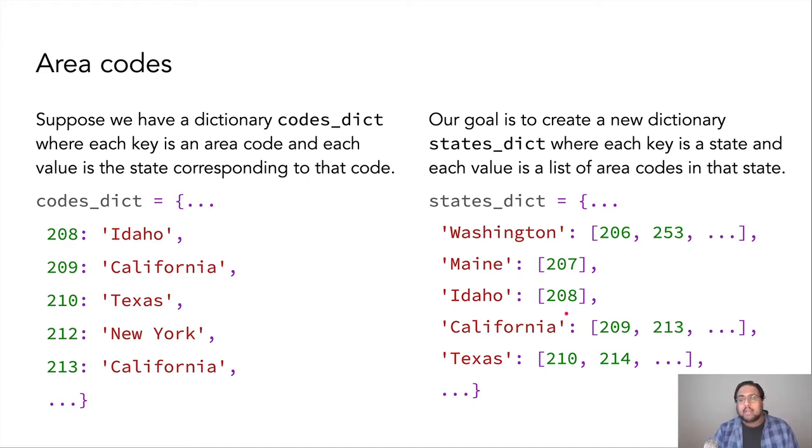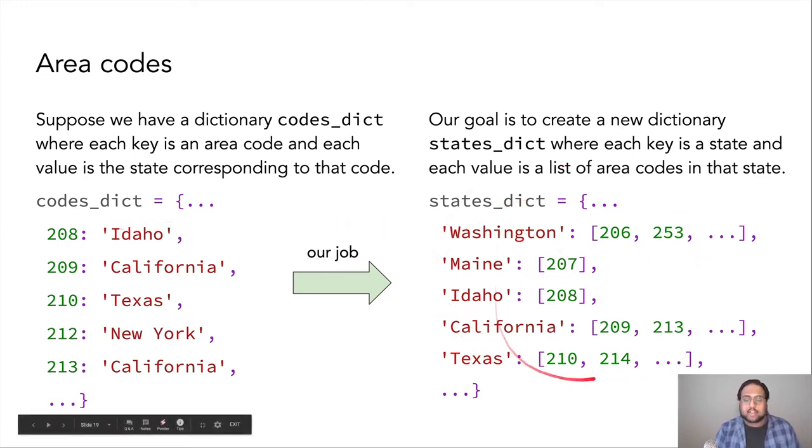So for example, the value for the key California is this list 209, 213, and so on and so forth. There are many more elements in this list, like 510, which is the Berkeley area code, or 408, or whatever else. So our job in this video is to go from codes dict to states dict.